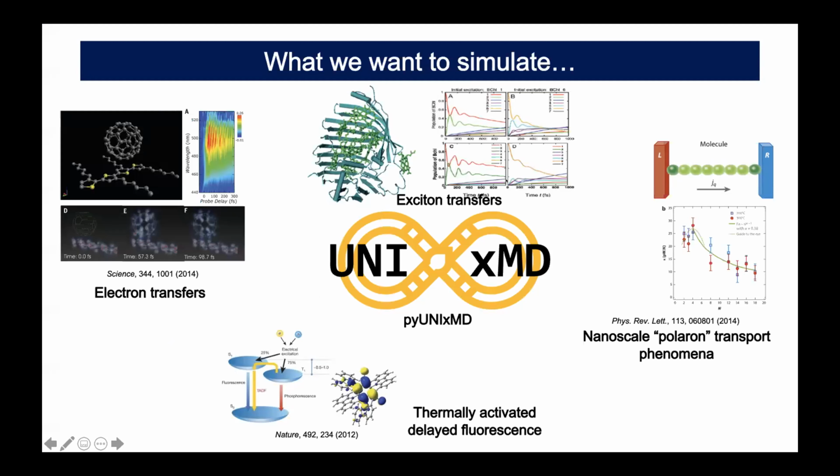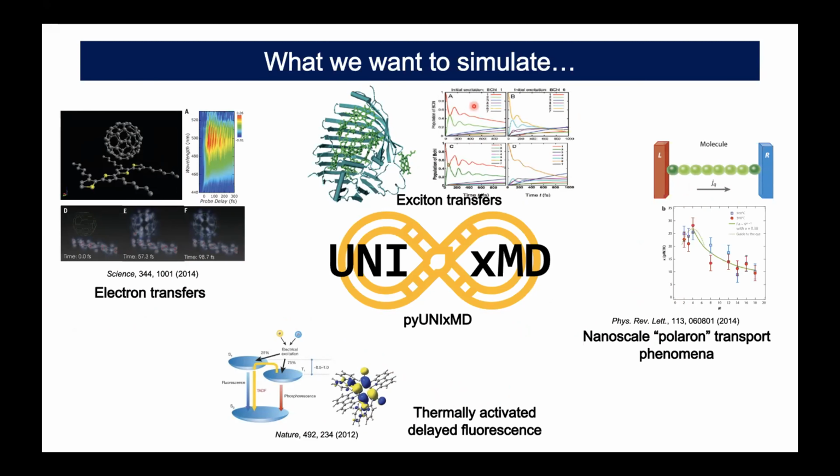With this PyUNixMD software, we want to simulate various things eventually: the electron transfer or charge transfers in photovoltaic cells, the exciton transfers in photosynthesis, OLED applications with thermally activated delayed fluorescence, and also the nanoscale polaron transport in nanoscale devices.